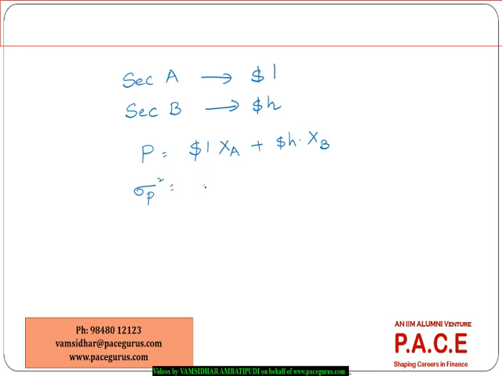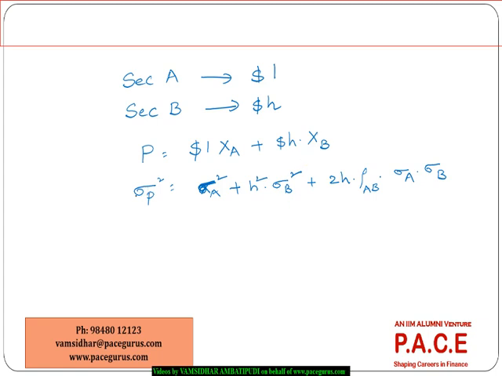So it is nothing but the variance of A squared plus H squared times the variance of B squared plus 2H times, going with that same formula, the correlation between A and B, standard deviation of A times standard deviation of B. This is the variance of my portfolio.